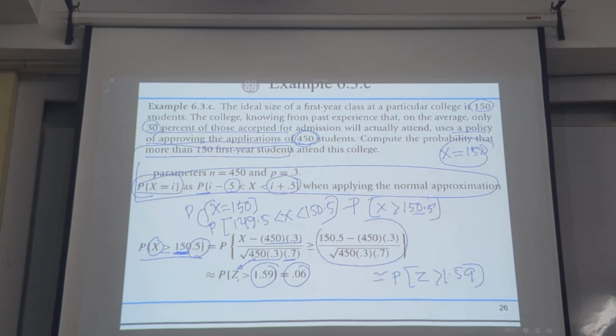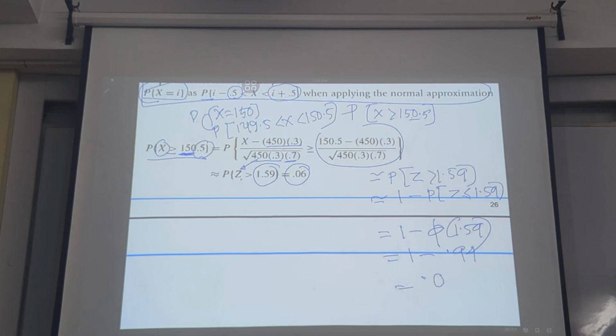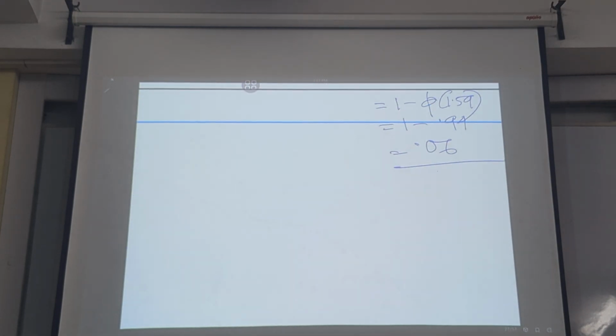From the table, it will be approximately equal to 1 minus the probability that Z is less than or equal to 1.59, which is 1 minus Phi of 1.59. Then we have the value 1 minus 0.94, which is equal to 0.06. So let us finish here.